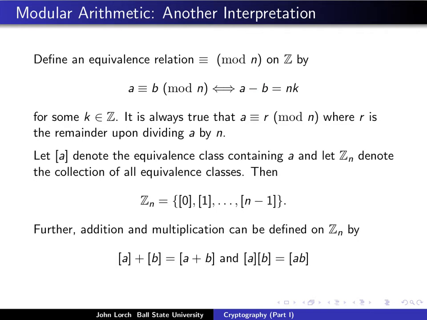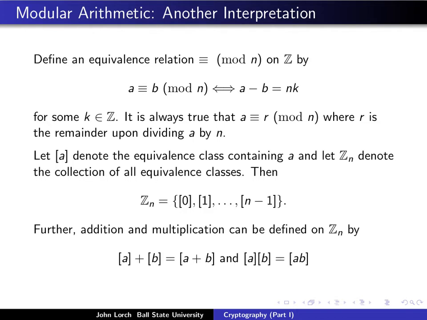Okay, now some of you who had Math 215, which is the discrete math course, you probably saw material on equivalence relations. In fact, you certainly saw material on equivalence relations.